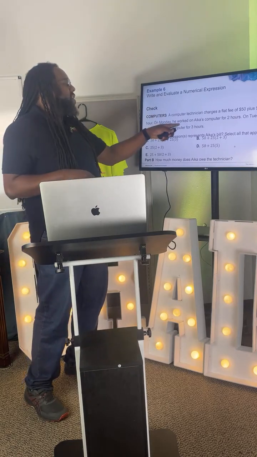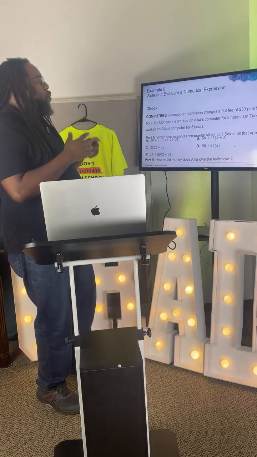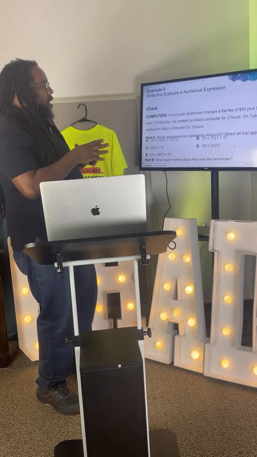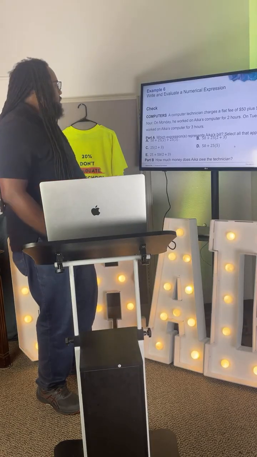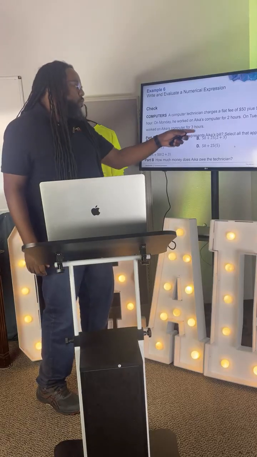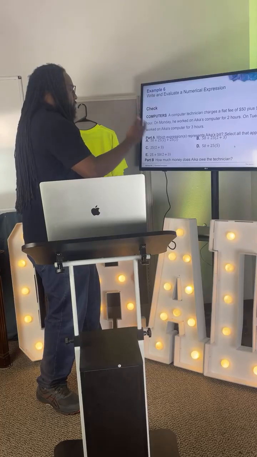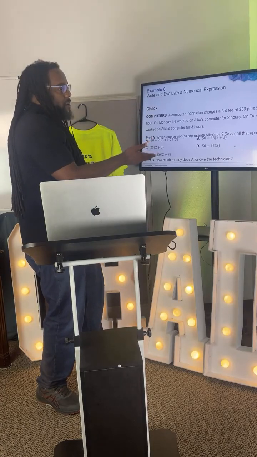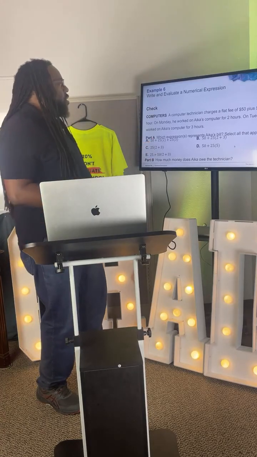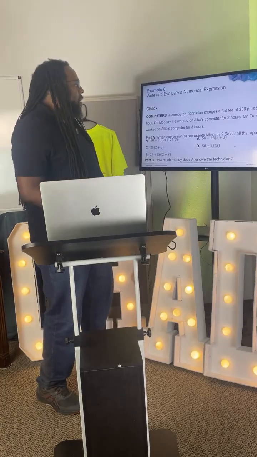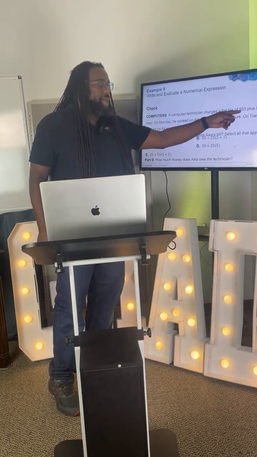So we want to break this down and figure out what parts of these are important to the question and how we should express this into a formula. One thing we need to keep track of is this flat fee of 50.